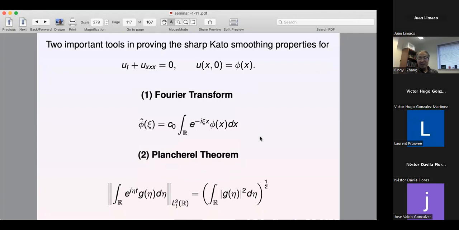Those two play key roles in getting the sharp Kato smoothing property, especially Plancherel's theorem. As far as I know, maybe I shouldn't say the only way, but it's the most effective way to prove sharp Kato smoothing.